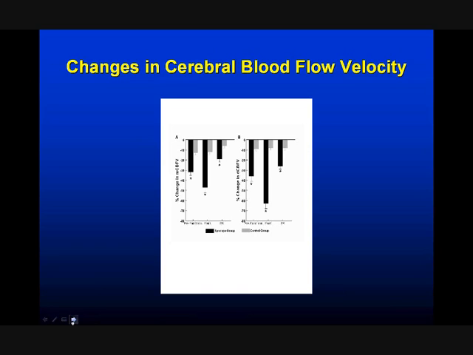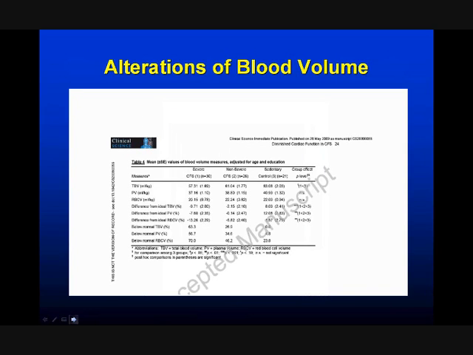I spoke earlier about alterations in blood volume, and this was a very interesting paper that was recently published, which shows that there is a dramatic difference in the blood volume of subjects with chronic fatigue.